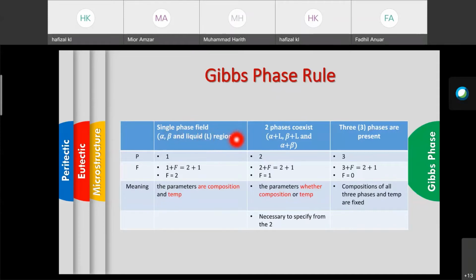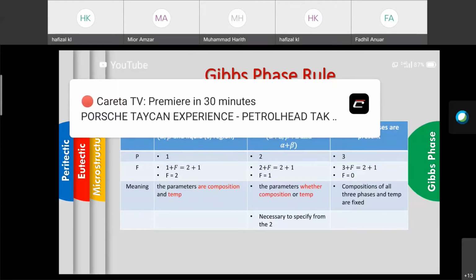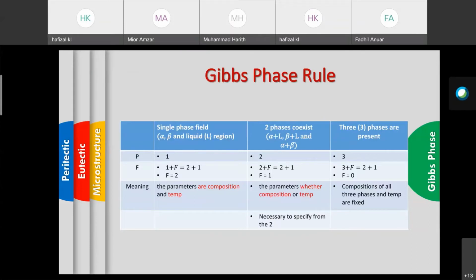For the two phases coexisting, we have alpha and liquid, beta and liquid, and alpha and beta. And then three phases involved. So in this case, we have P equal to 1, P equal to 2, P equal to 3.